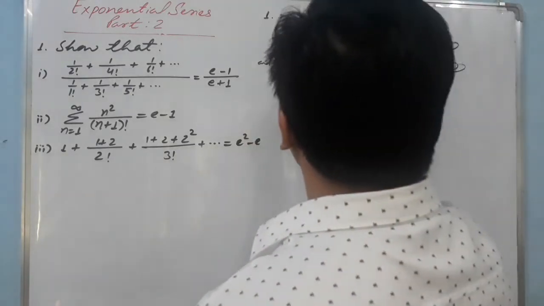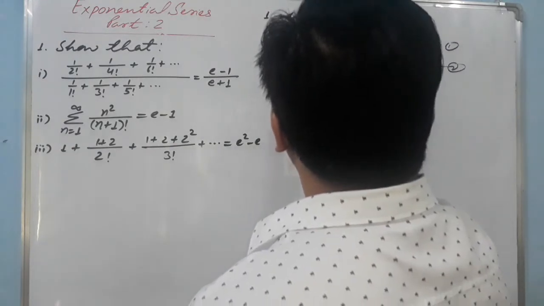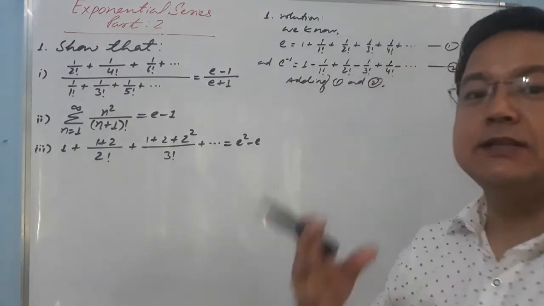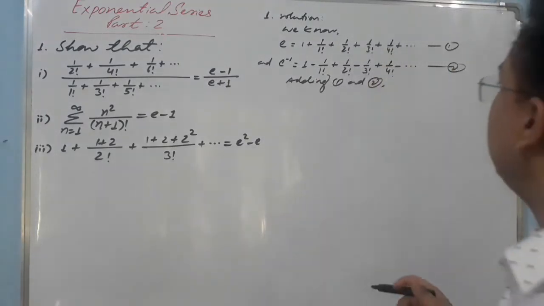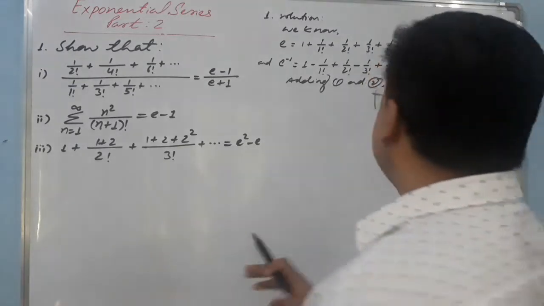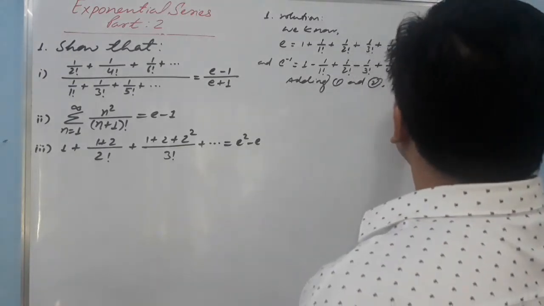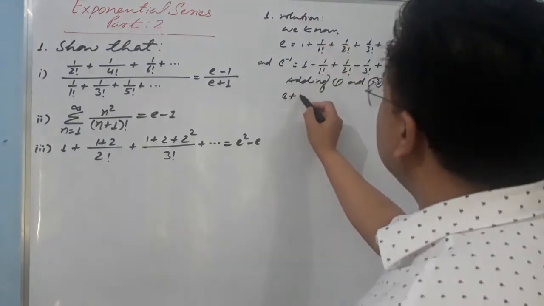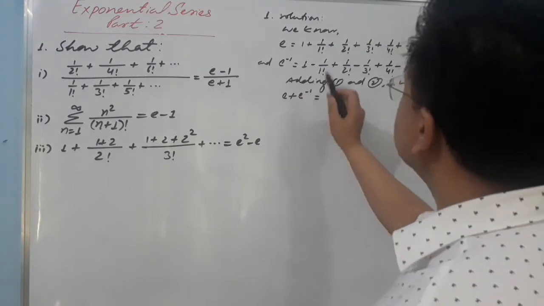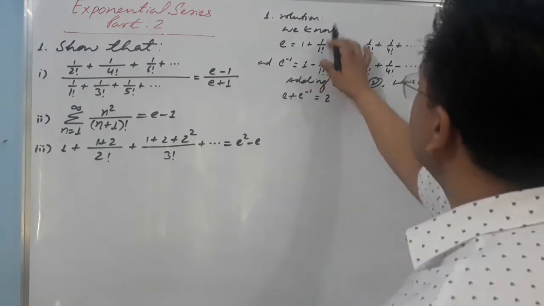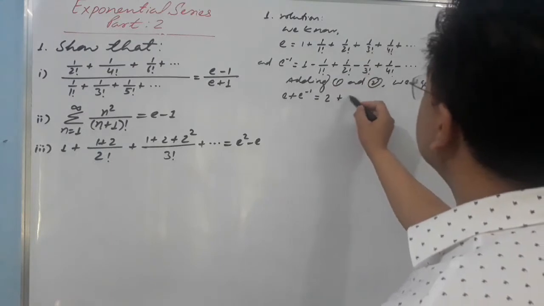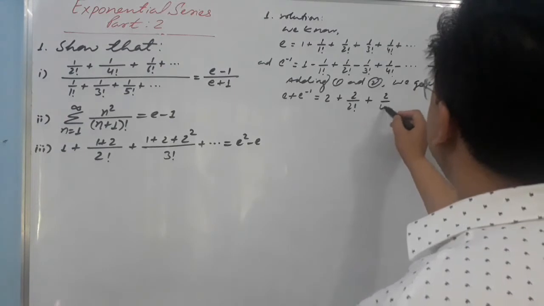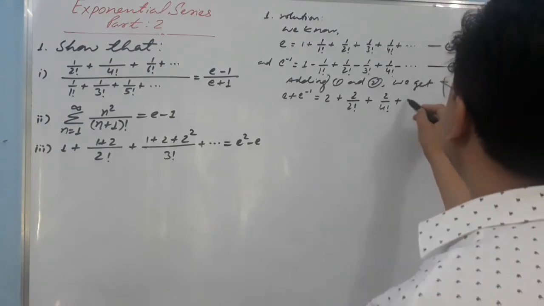Now with the help of this, we will try to prove this question. I'm going to tell each and every step in a very easy way so that you will not have any kind of problem. Adding first and second, we get e plus e raised to power minus 1 is equal to this plus this: the 2 terms cancel, 2 upon 2 factorial, and 2 upon 4 factorial, and so on.